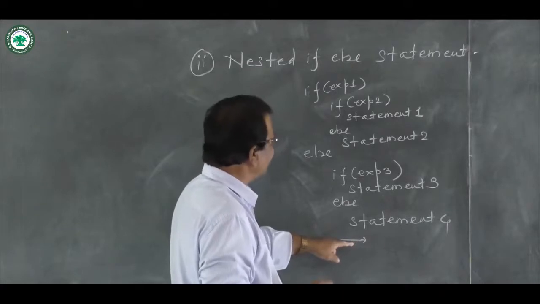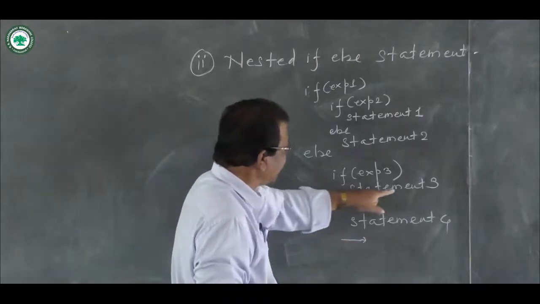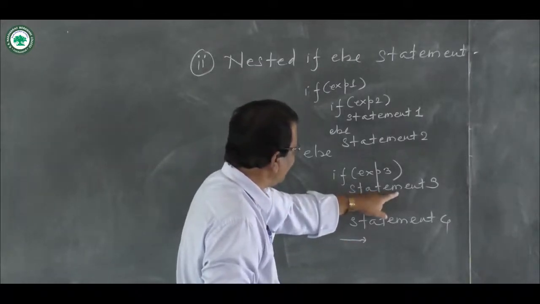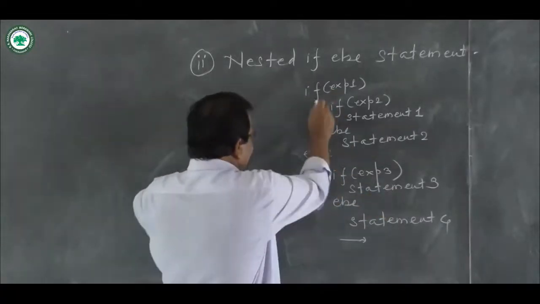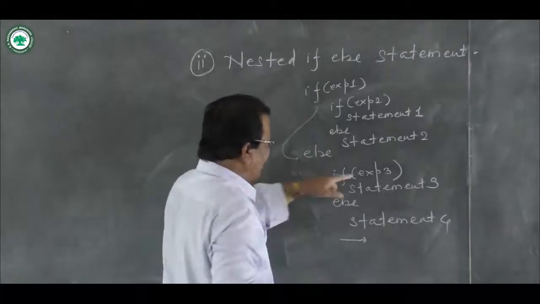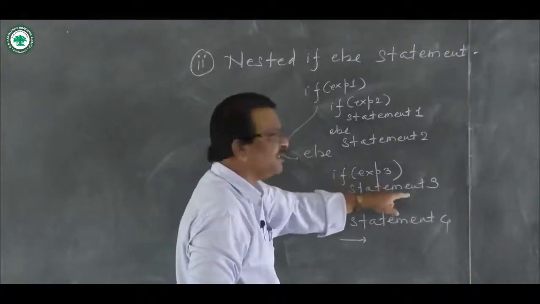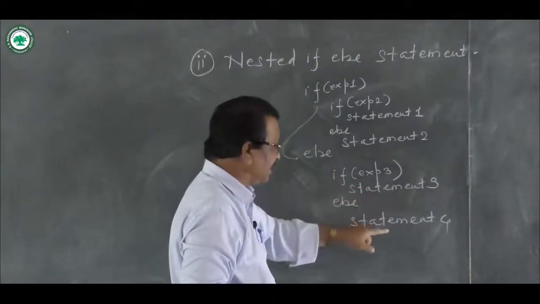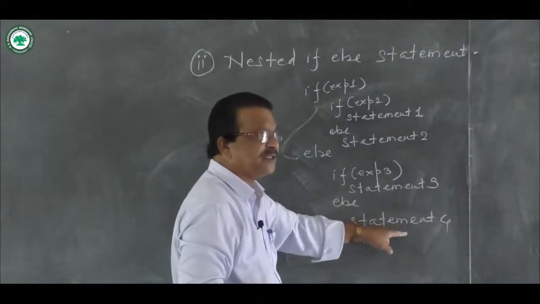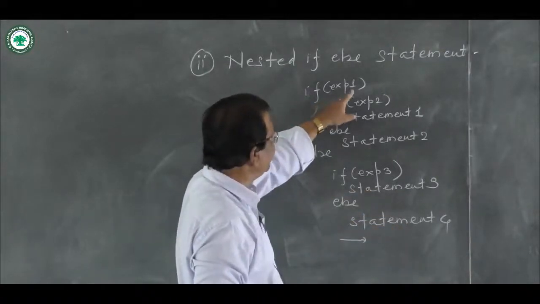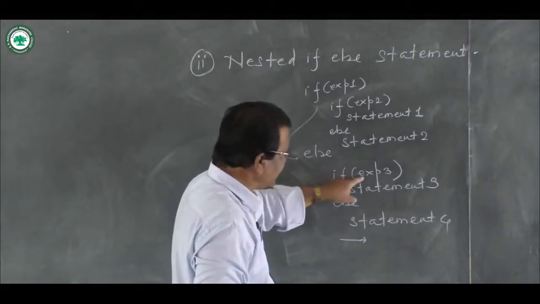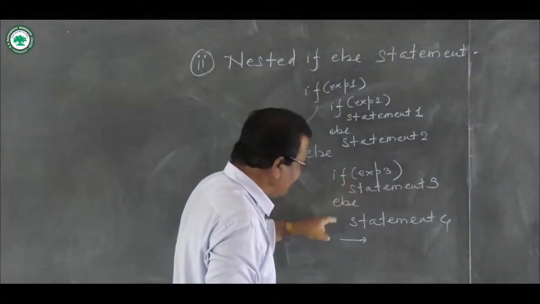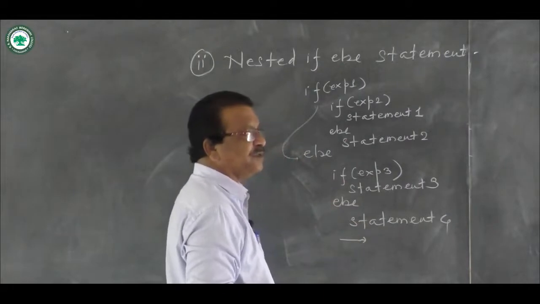On the other hand, statement 3 will be executed if and only if expression 1 is false, so that control jumps to this else block, and expression 3 is true. When will statement 4 get executed? If expression 1 is false, control jumps to the else block, and if expression 3 is again false, then only statement 4 will be executed.